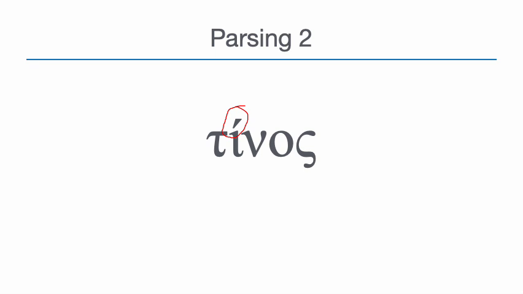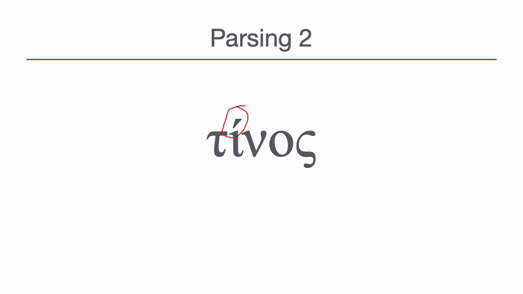In this instance, the accent is on the first syllable, which is tis, which means who, what, why, depending very much on the context and also on the gender of the pronoun in that particular instance.